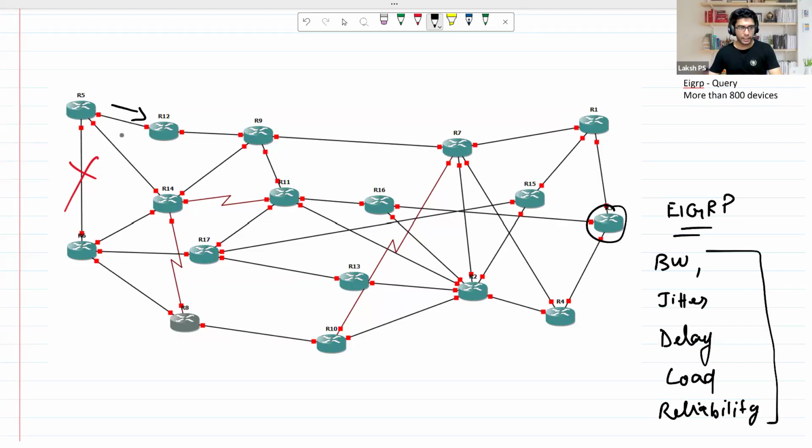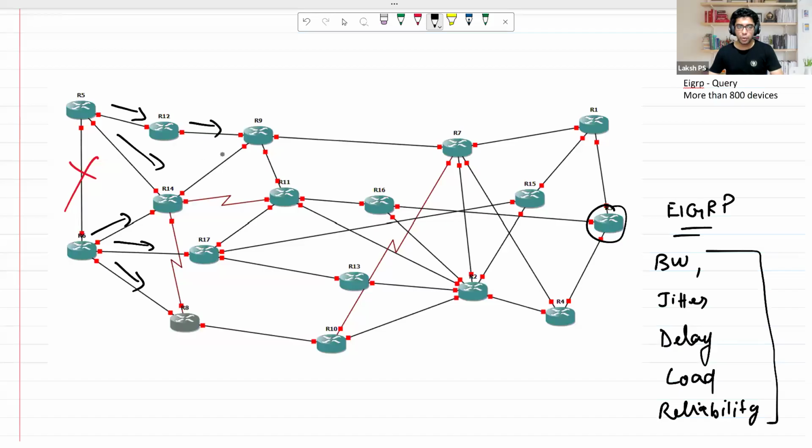If you know about EIGRP, it is going to send a query. A query is basically asking other routers whether they know an alternate path to reach R6, because the link between R5 and R6 had a failure. So R5 is going to ask, do you know an alternate path to reach R6? Similarly, R6 is also going to send this same query to all the adjacent routers.